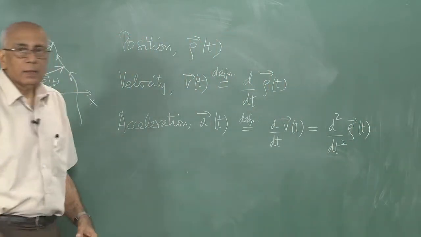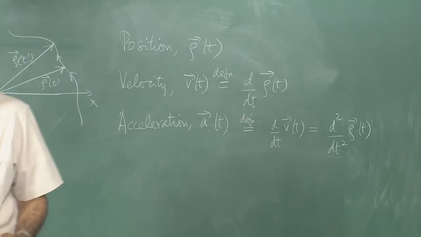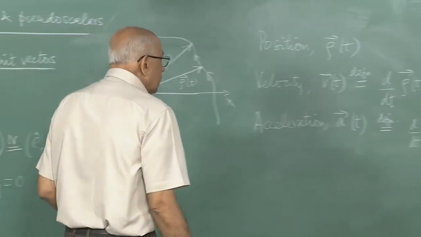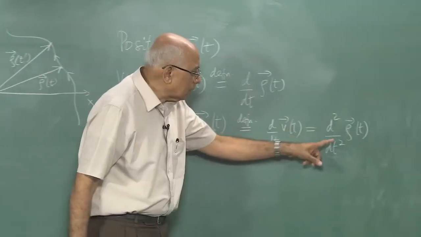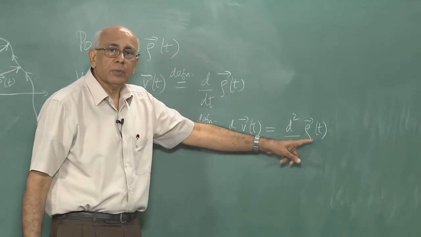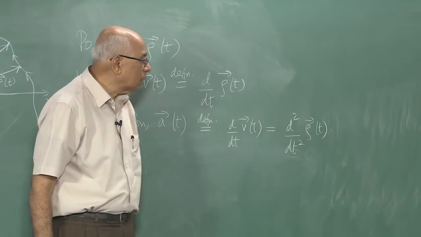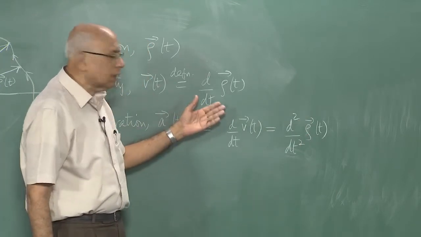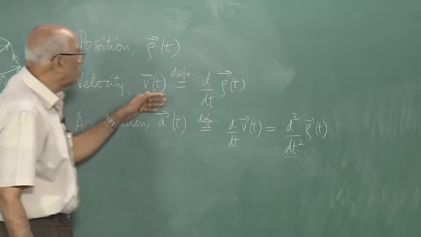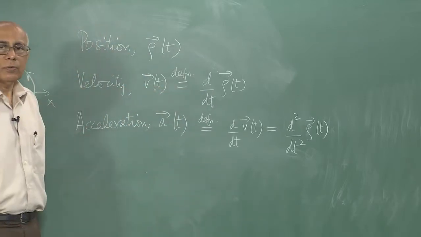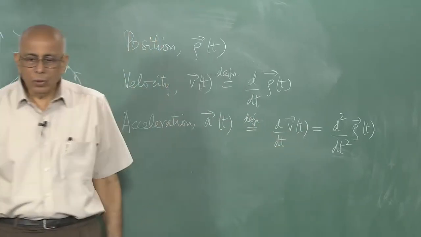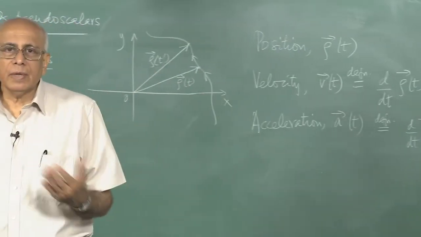So if you like, the problem of particle dynamics at this level is to say that if the second derivative with respect to time of the position is given to you, can you work backwards and find the first derivative, namely the velocity, and then can you work backwards and find rho of t. These are derivatives, so the inverse problem will involve integration.